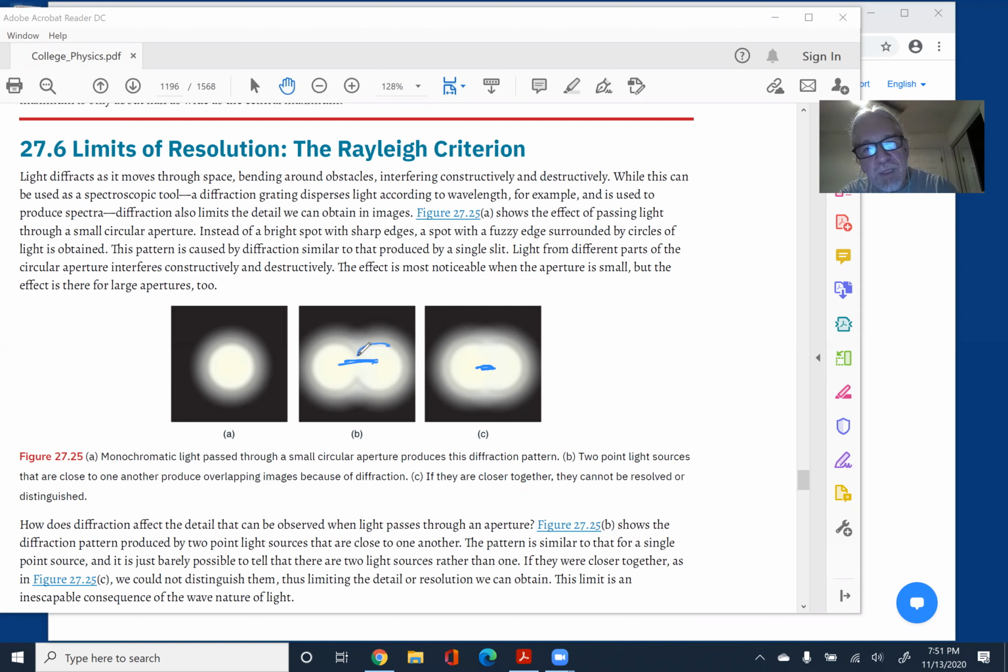I can see, you know, a little narrowing in the brightest pattern, so I know I'm looking actually at two things. But when your objects get closer, like here, your sources of light, you see now a pattern that could be either a single object or multiple objects, and you are no longer able to distinguish individual sources of light when you're looking at them through your telescope or your microscope.